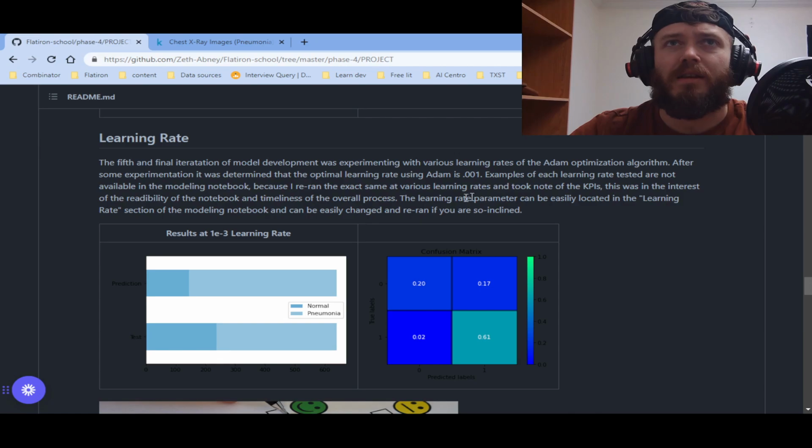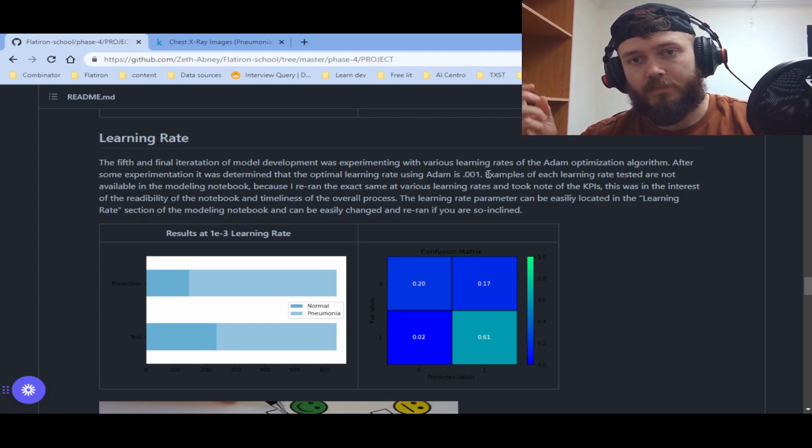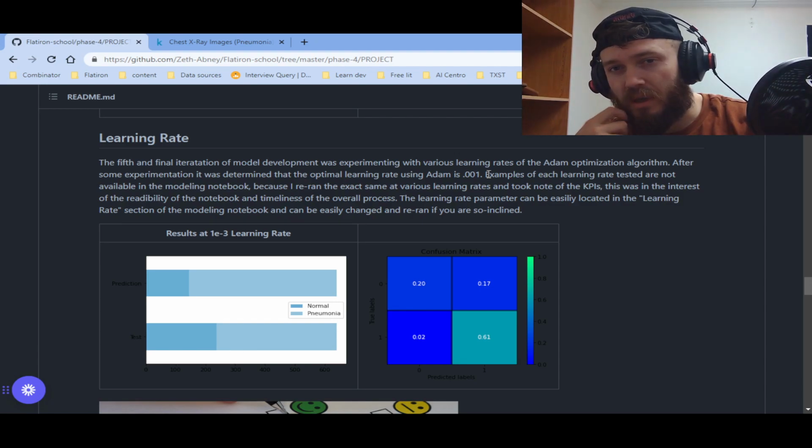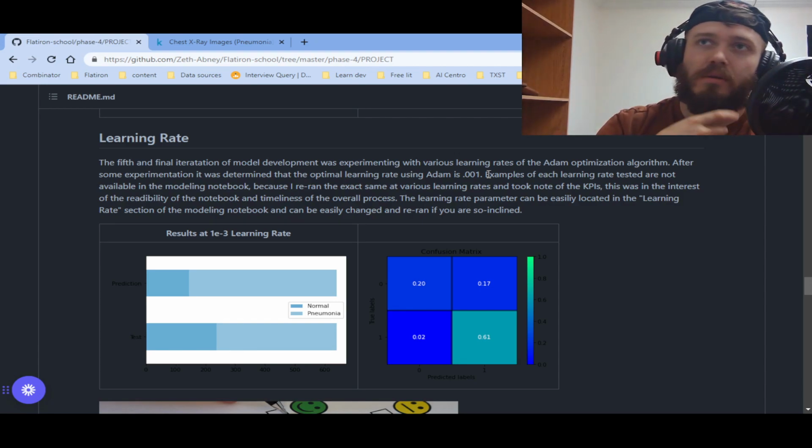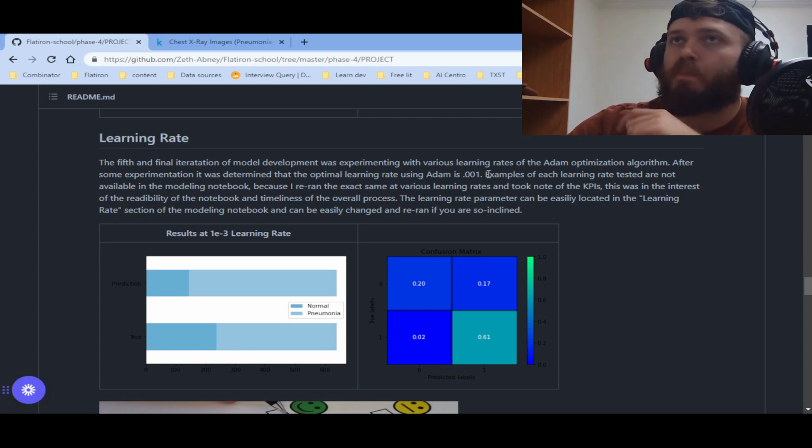And I believe the default learning rate ended up being, when I say default, I think you use scikit-learn in Keras to do that. I'll have to go through the code.